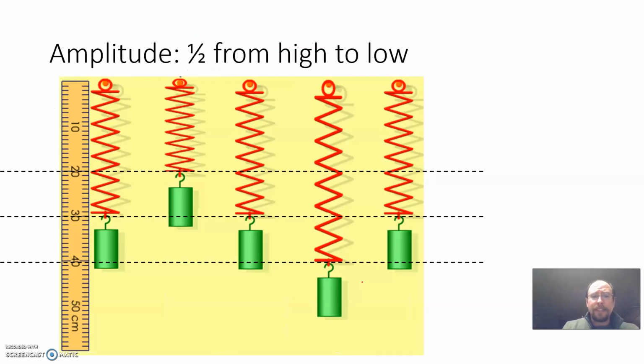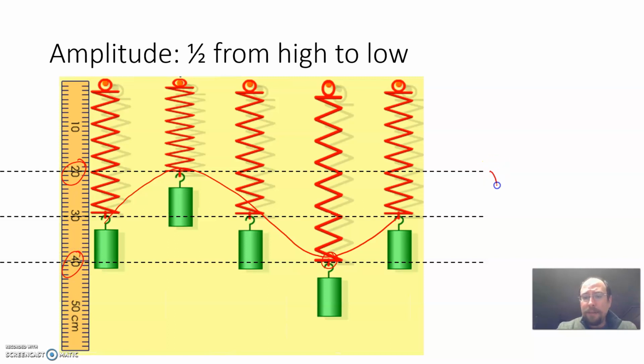So the amplitude is 4.5 centimeters. When we look at something like this, we have a spring. It starts here, and it bounces back and forth like it's kind of bobbing up and down. It's really creating kind of a wave on this as well. And it goes up to the highest point. It reaches 20 centimeters. At its lowest point, it reaches 40 centimeters.